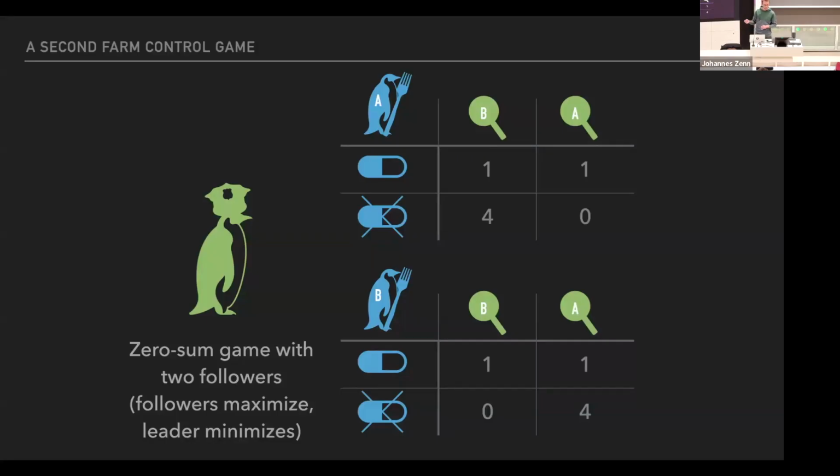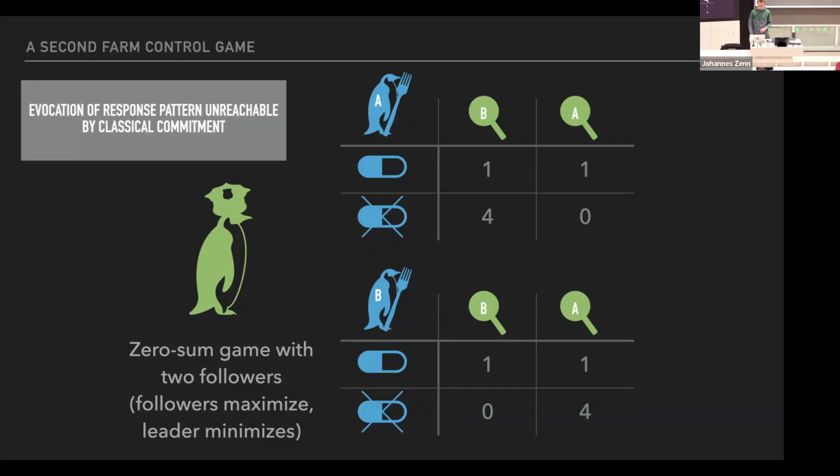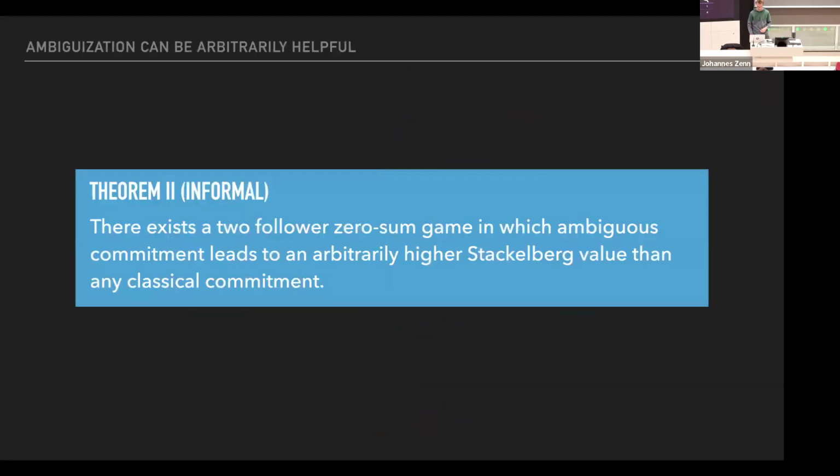Then, because it's the worst case, because the farmers cannot calculate or don't know exactly what's going to happen, they take the worst case and they're going to give the drug in both cases. So what is essentially happening here is we can evoke a response pattern which is unreachable by any precise commitment. By a response pattern I mean that both the farmers give the drug.